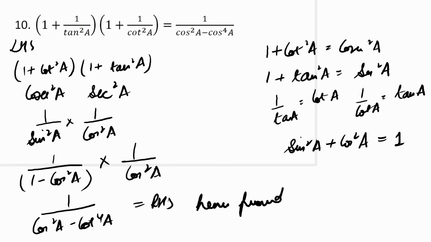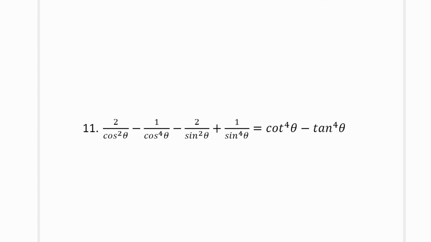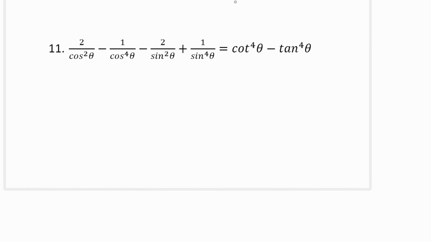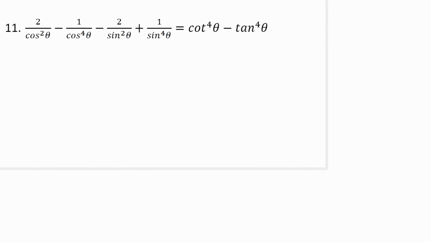In the next question you can see they have given 2 upon cos square theta minus 1 upon cos 4 theta minus 2 upon sin square theta plus 1 upon sin 4 theta. We have to prove it is equal to cot power 4 theta minus tan power 4 theta.